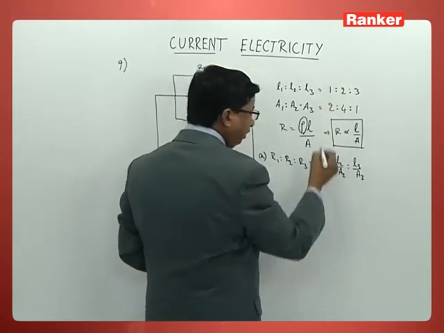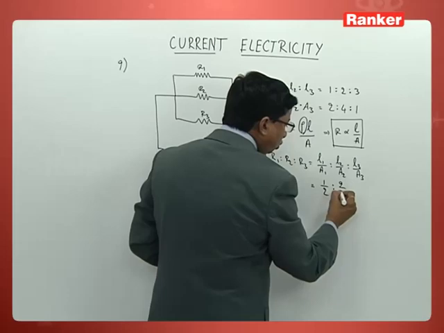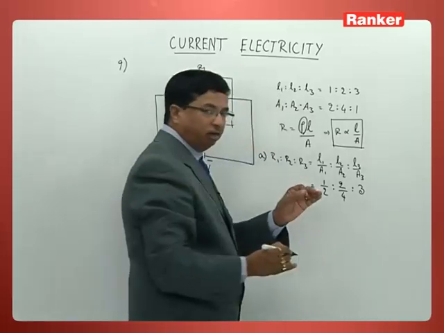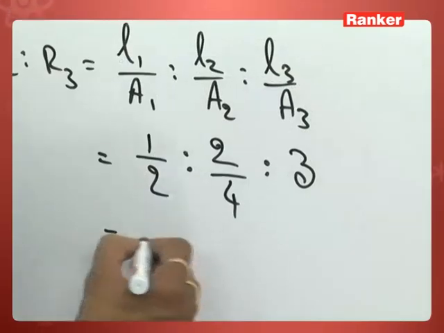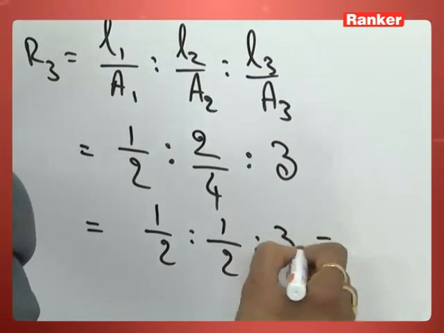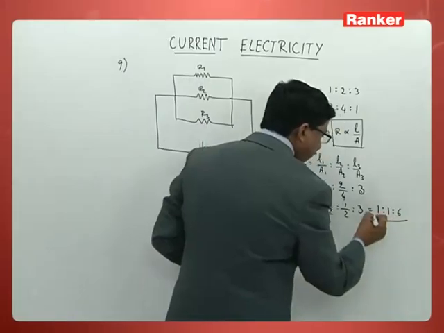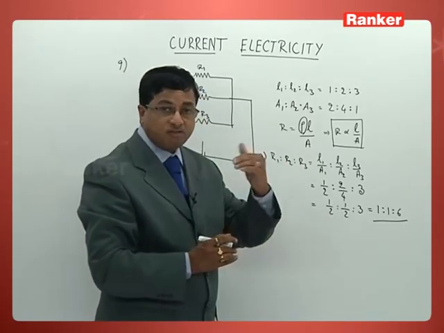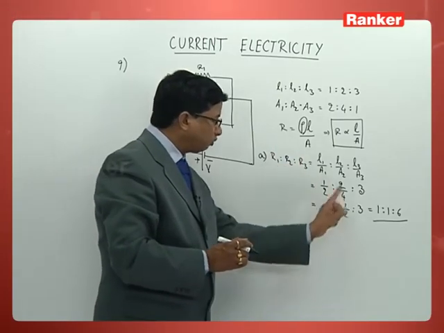L1 by A1 is 1 over 2. L2 by A2 is 2 over 4. L3 by A3 is 3 by 1, that is nothing other than 3. So this is 1 by 2 is to 1 by 2 is to 3. The other way of writing the same is 1 is to 1 is to 6. So the ratio of their resistances, the first bit he is asking, you can write as 1:1:6.